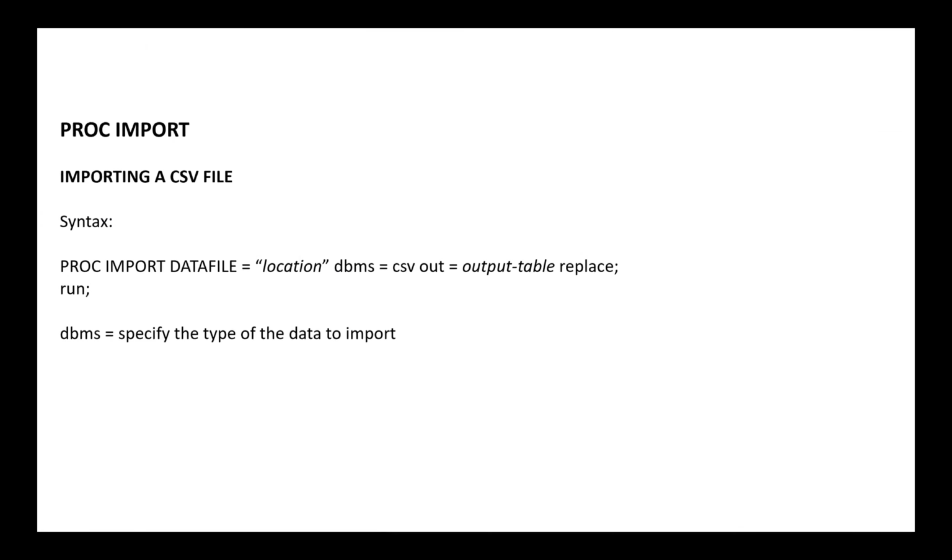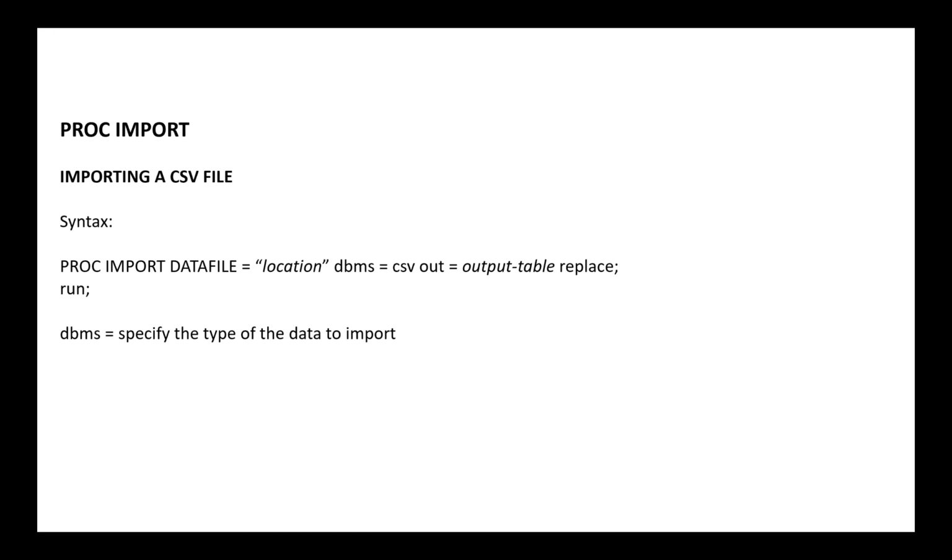Now let us understand how we can use an import procedure to import a CSV file. The syntax is like this. We first specify the procedure, which is PROC import. Then we specify the location. Then DBMS specifies the type of the data that we are importing into SAS.